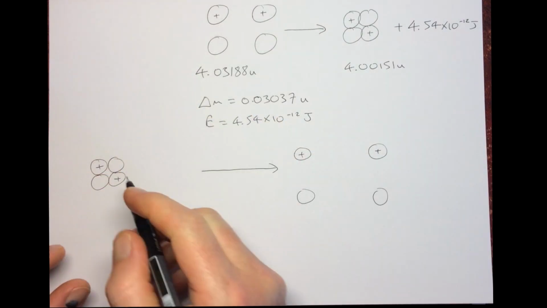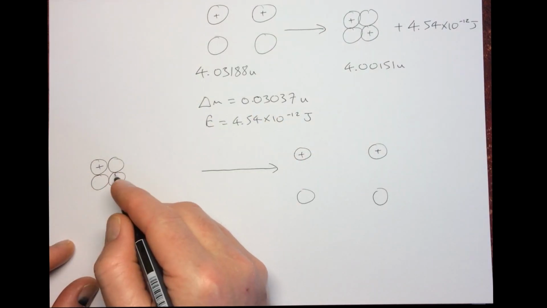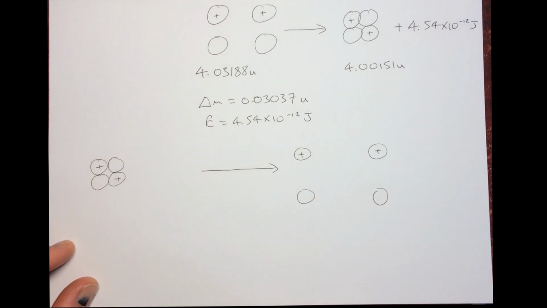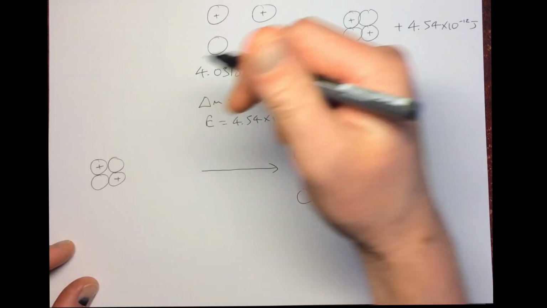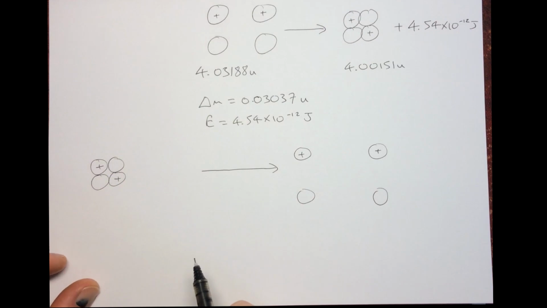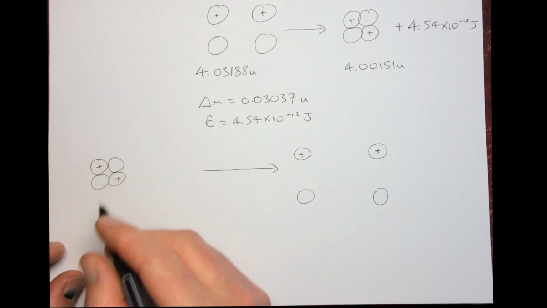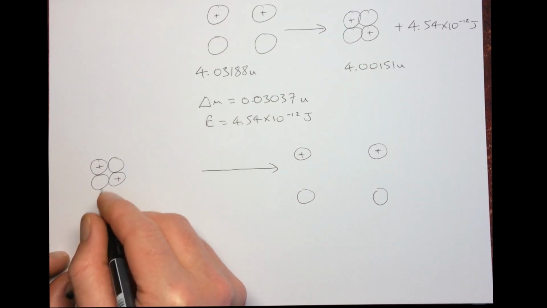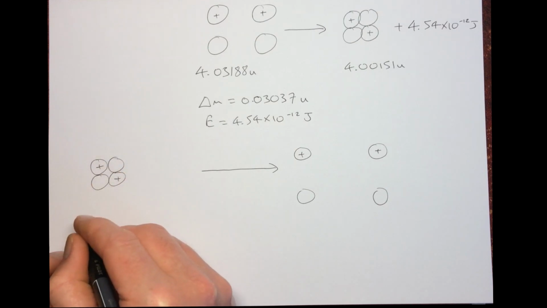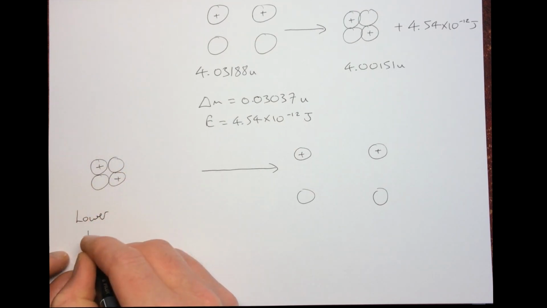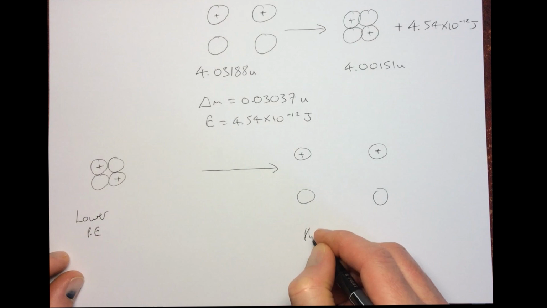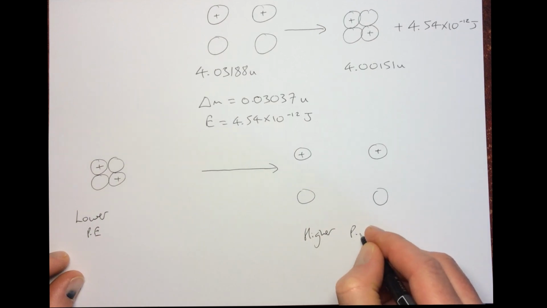You've broken this nucleus apart into its 4 individual nucleons. You've pulled these nucleons out. It could be one at a time or all at once, okay? Now to do that requires energy, because the nucleus here has a lower potential energy than these individual nucleons, okay?